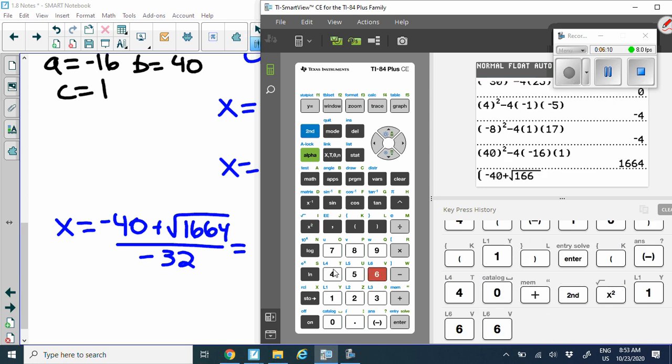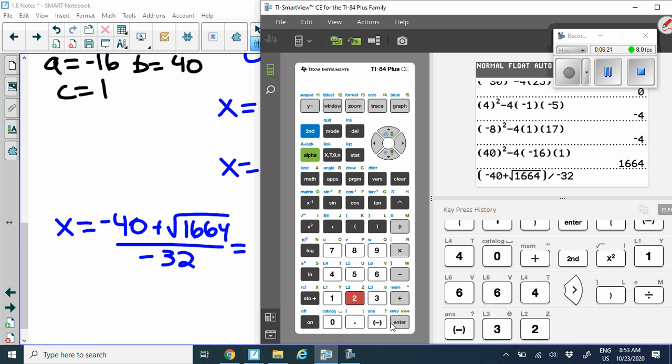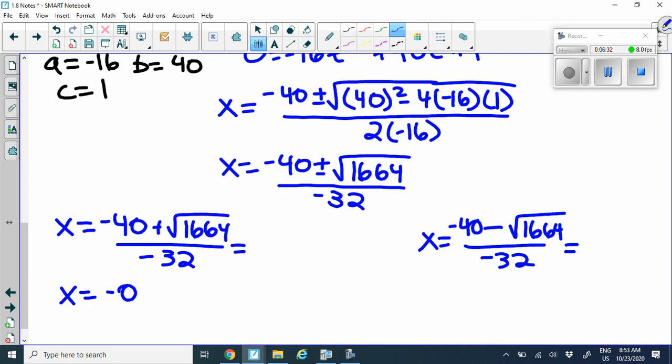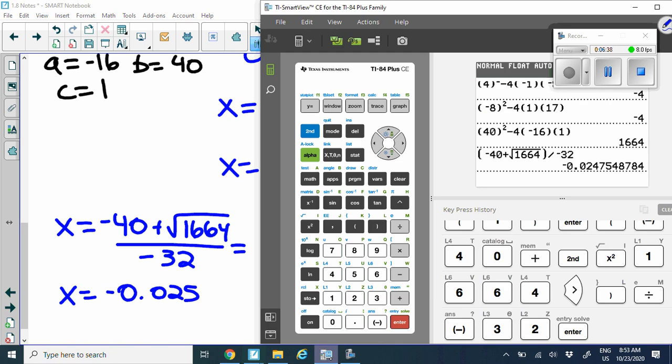Now, if you're using a scientific, you might have to do additional parentheses here, okay? Then we end our parentheses, and then divided by negative 32. Here we get negative 0.02. And I'm just going to round to 3 decimal places, so we have that, okay?